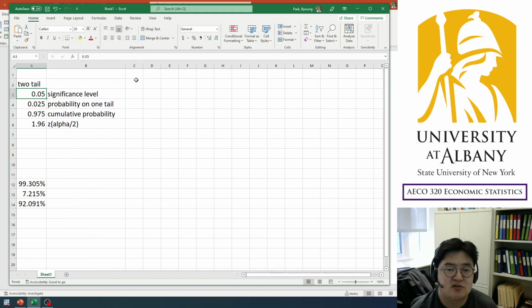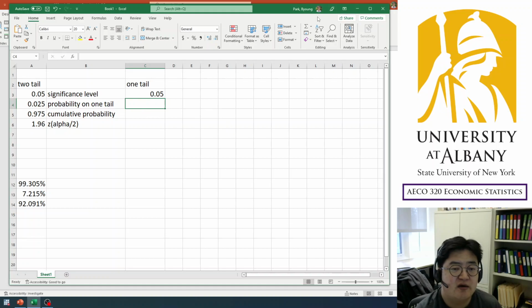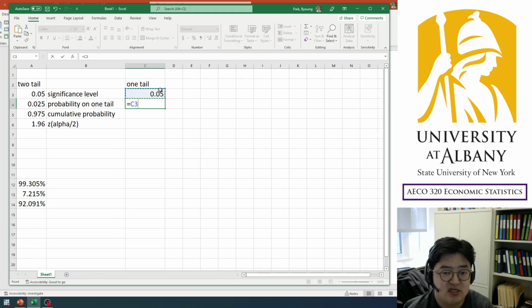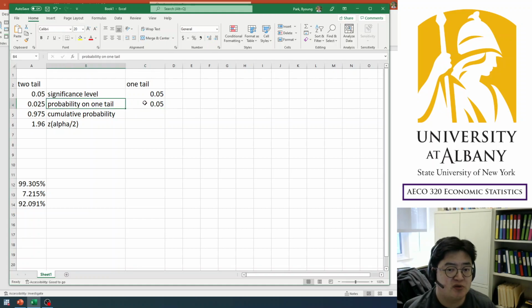So now let's see what is the difference. For example, if you think about 0.05, here you do not take half of the significance level. We are going to put the same probability on one tail.